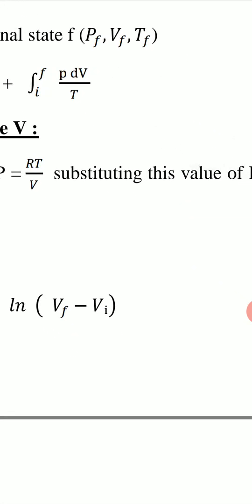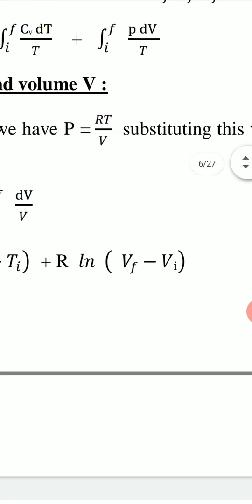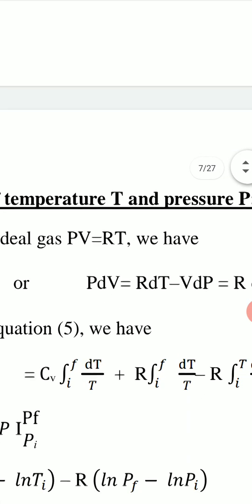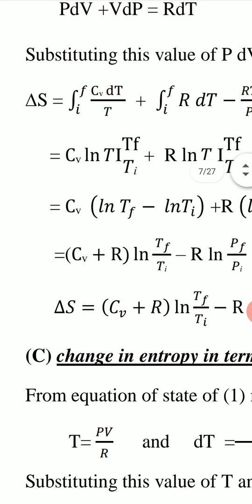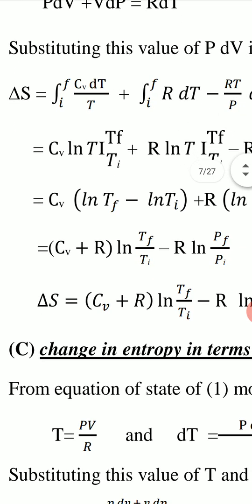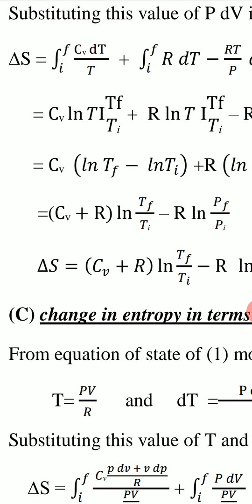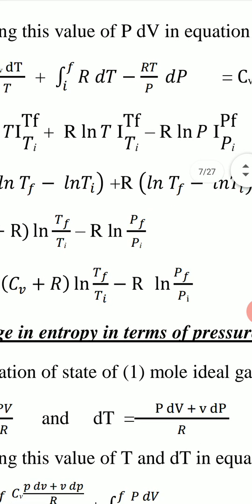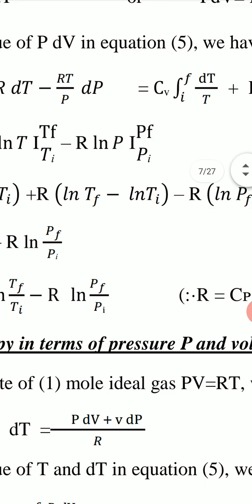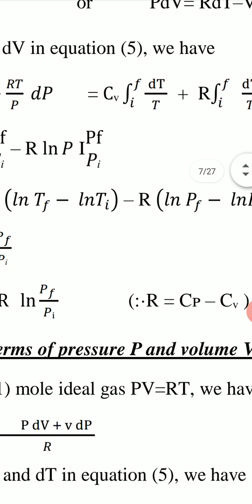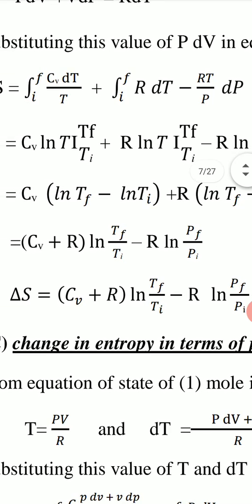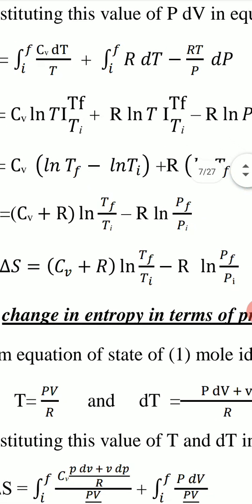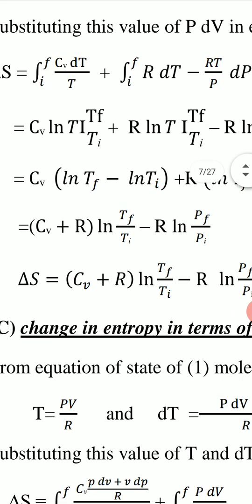We put the value of P dV and get the expression for change in entropy as delta S equal to integral I to F Cv dT upon T plus integral I to F R dT minus RT upon P dP. Now these are three integrals.